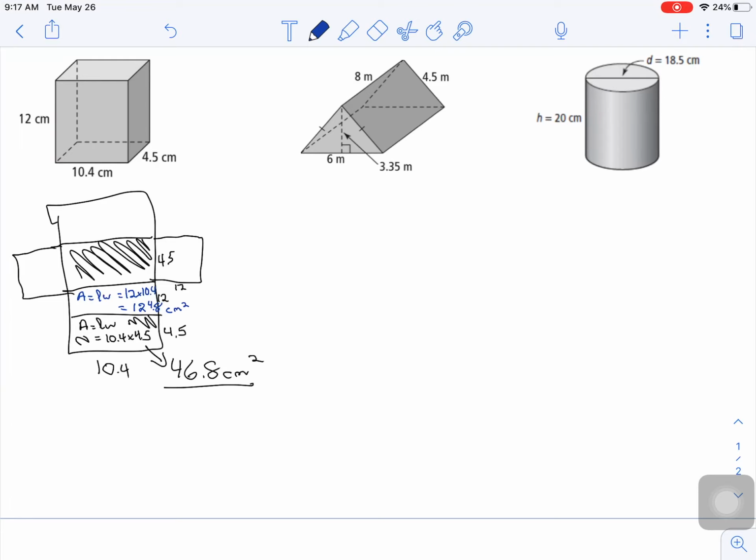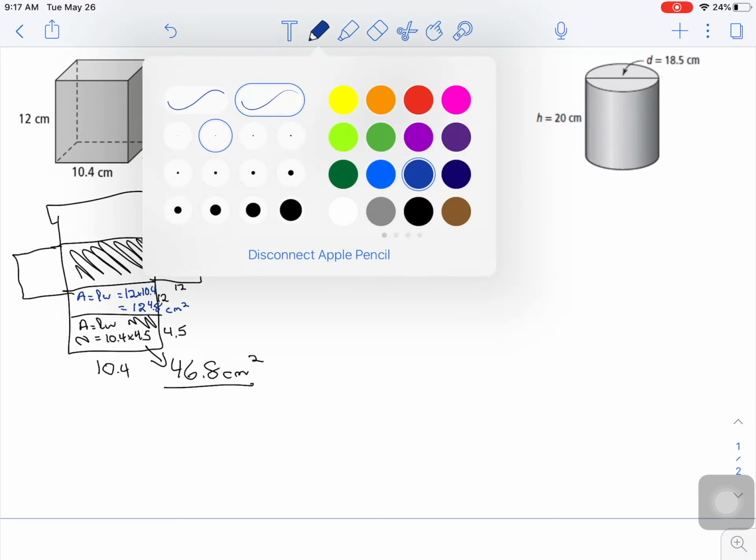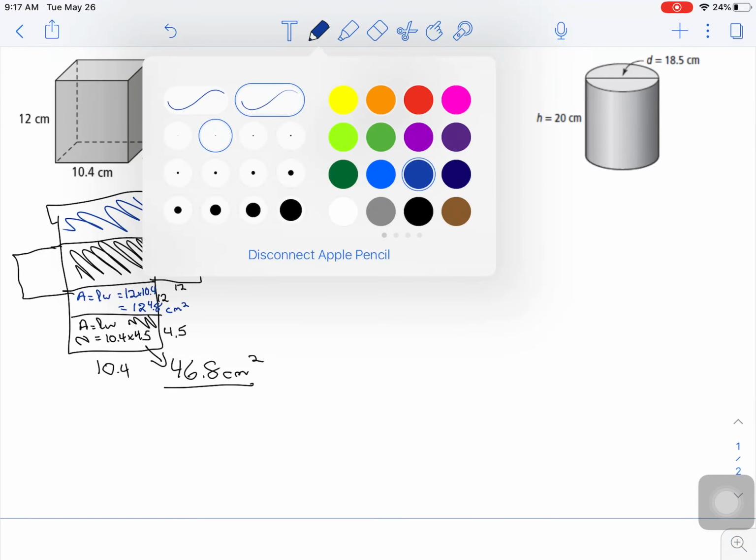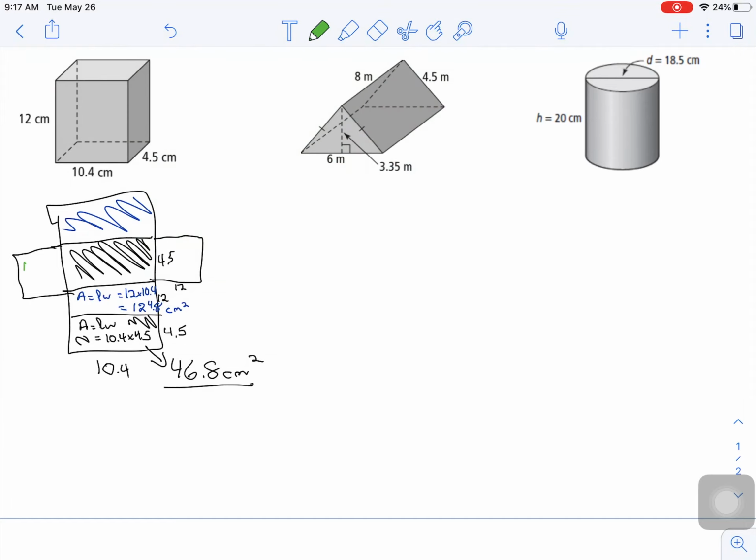And then lastly, we have the last, the blue, there's also blue up here. And the last one, let's say green, I like green. Area equals length times width, which equals 4.5 times 12, which equals 54 centimeters squared.